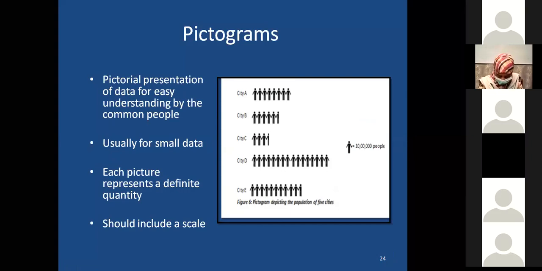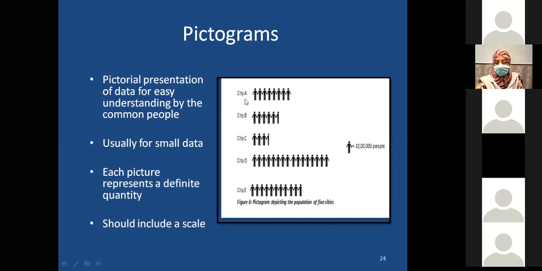For example, a layman cannot read the word mosque written anywhere, but when you have a picture of the mosque, he will be directed towards that mosque by just seeing the picture. So it's a very important type of graph that is used for small data, and each picture represents a definite quantity, and it should include a scale also.